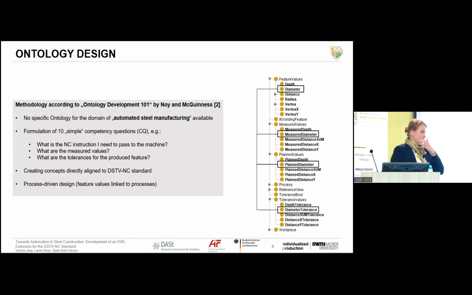These questions, for example, were: what are the measured values I have from the steel part, what is the code which has to be transferred to the machine, but also what is the defined tolerance which I can compare my measured value to. So this was the basis where we started from.